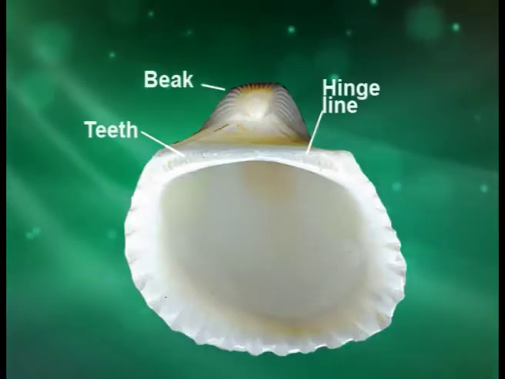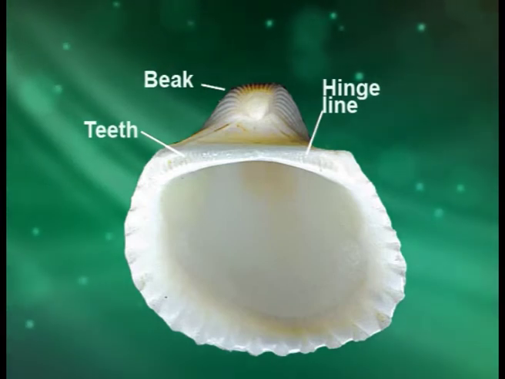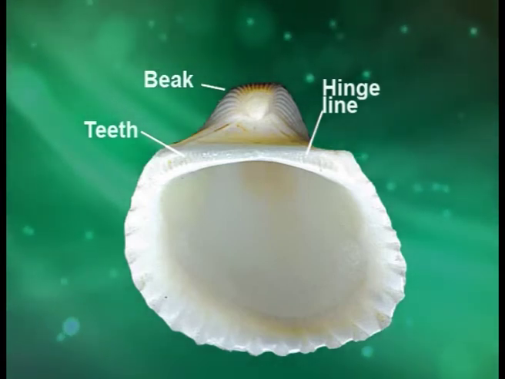In some genera in which the hinge line is straight, for example Arca, there is between the hinge line and the umbo of each valve a flattened triangular part of the shell known as the area. When this is present, the umbones of the two valves are of course widely separated.